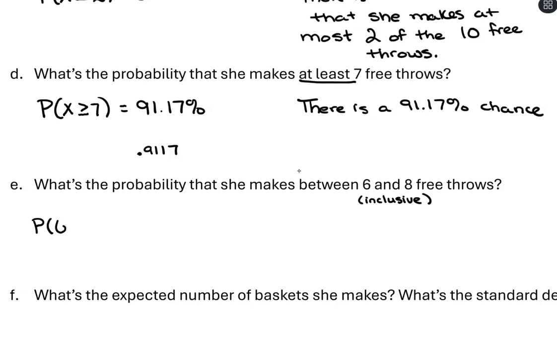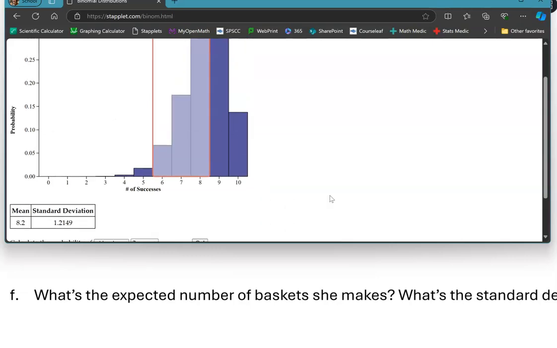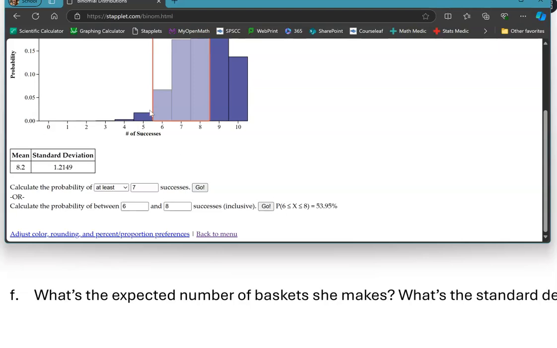So I want to find the probability of between 6 and 8. So in Stapplet, what we're going to do is go down to the second line for calculate the probability of between 6 and 8. And notice it says inclusive there, so that just means it's including 6 and 8. If it was exclusive, then all that would be showing up is the probability for 7.